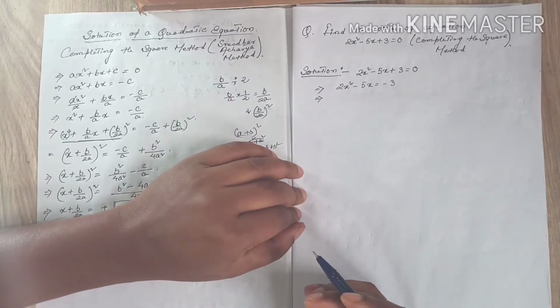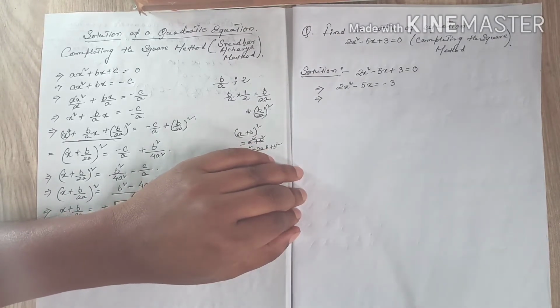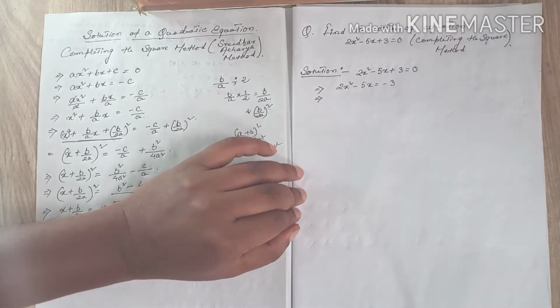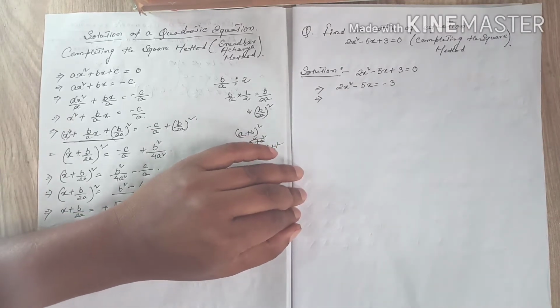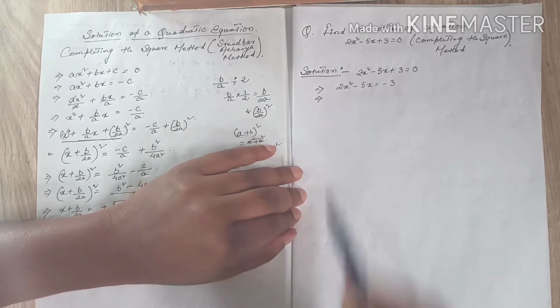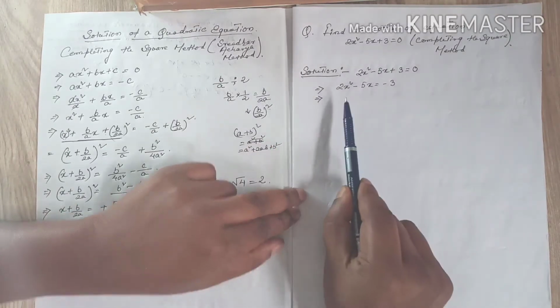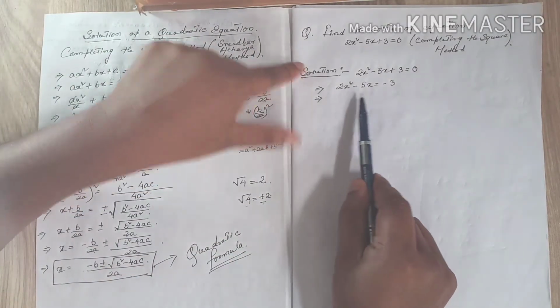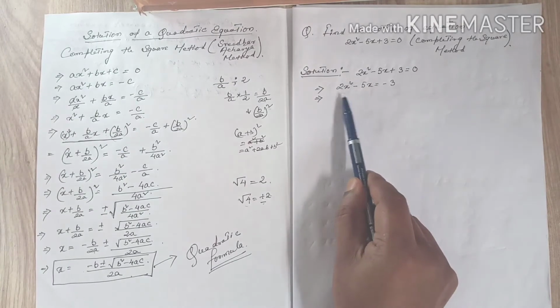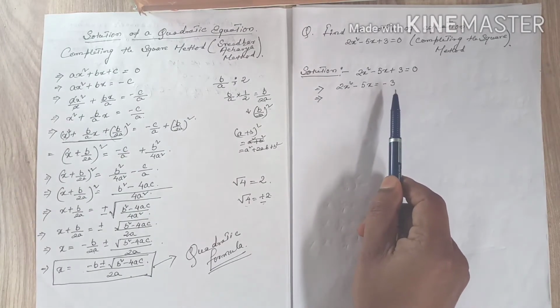Then the second step: you have to divide this whole equation by the coefficient of x square. The coefficient of x square here is 2. So 2x square divided by 2 minus 5x by 2 is equal to minus 3 by 2. Simplify it wherever it is possible. So I divided the whole equation by 2, and I got this 2 from the coefficient of x square.